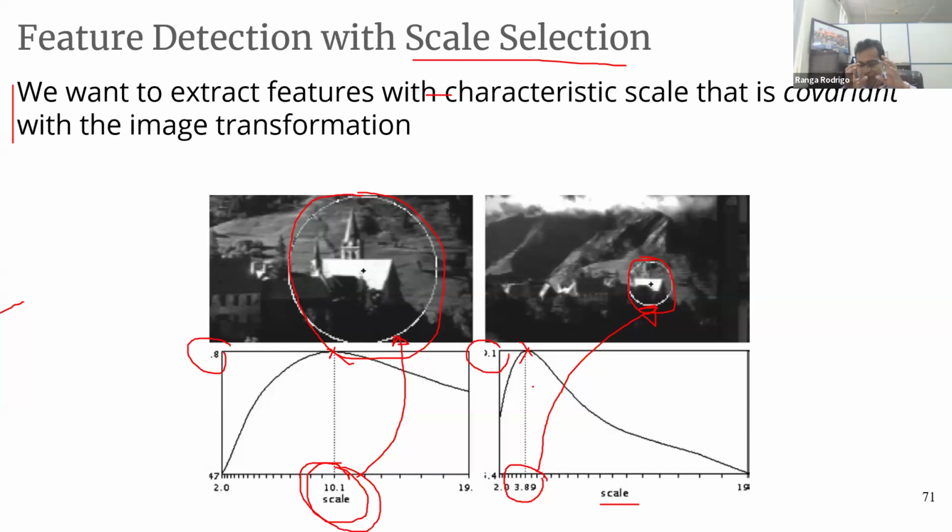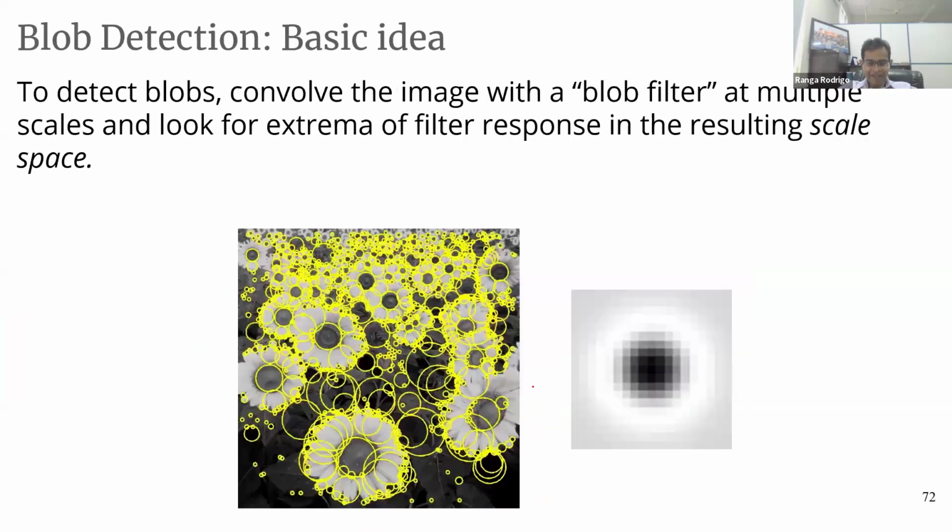So when our scale detection function gives a maximum response, we take that as the correct scale. It's a beautiful theory. Okay. So now you can see, to detect blobs, we convolve the image with a blob filter, at multiple scales, and look for extrema of filter response in the resulting scale space.